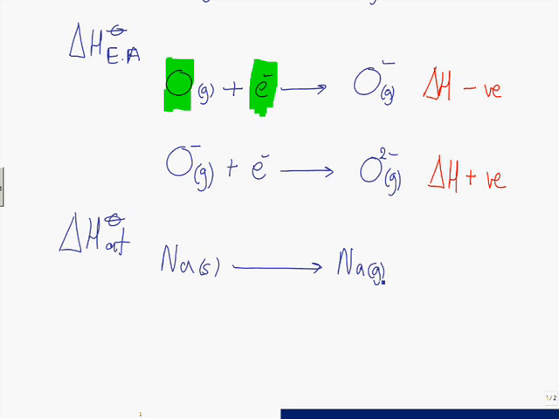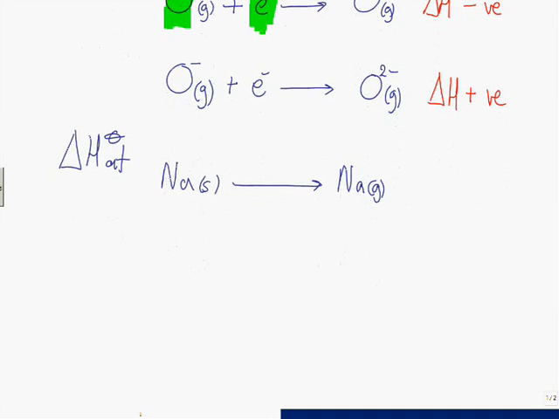Note that we're always forming 1 mole of gaseous atoms, so the enthalpy of atomization of chlorine involves forming 1 mole of gaseous chlorine atoms, and that of course can only come from half a mole of gaseous chlorine molecules. So you've always got to remember that we are forming these materials like that.